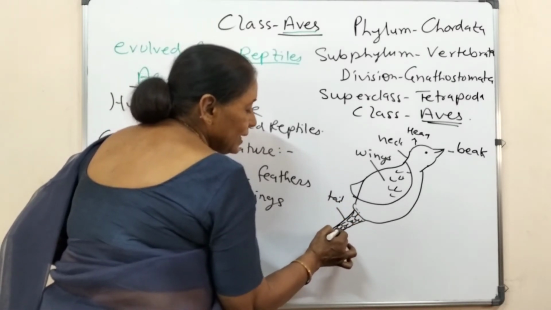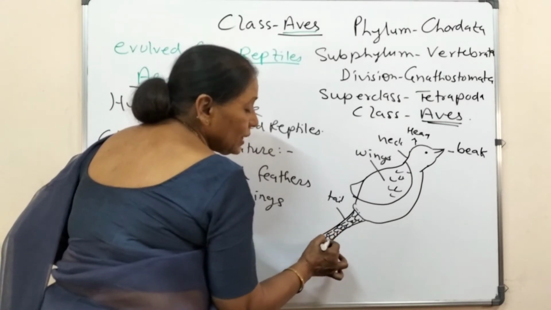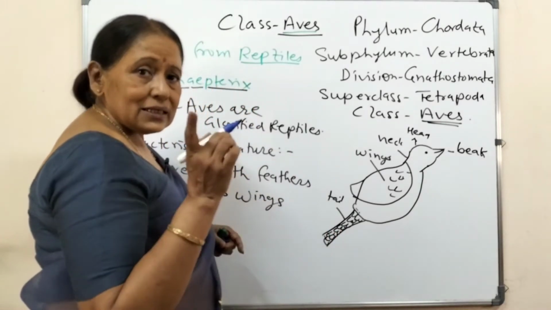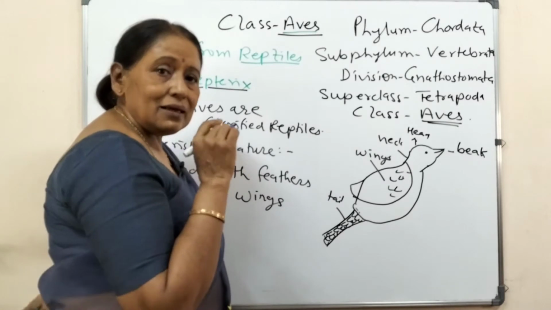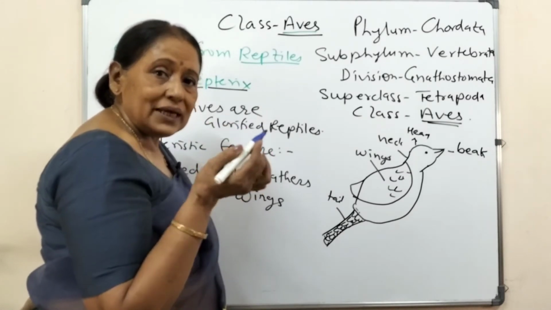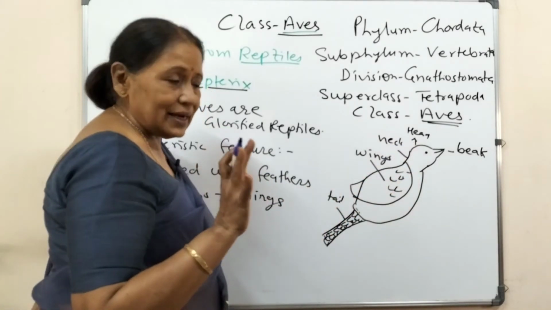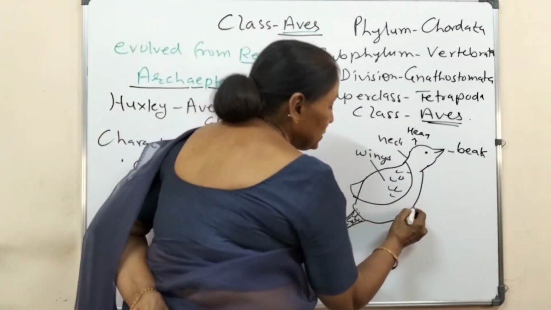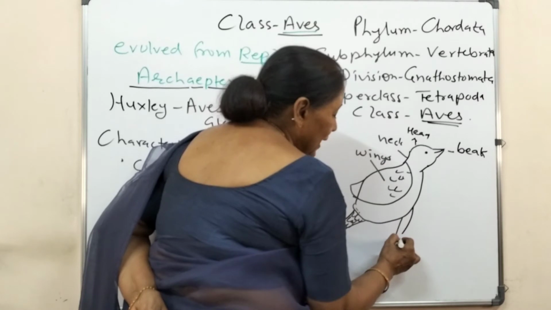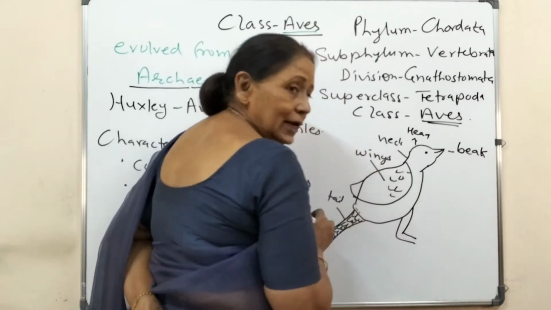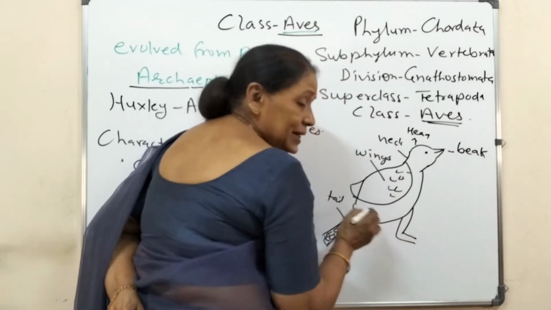Scales are restricted only to the hind limb. Scales are present in case of reptiles. In birds, those reminiscent of their ancestor are present, but not all over the body. They are present only on the hind limbs, and the hind limb has digits.